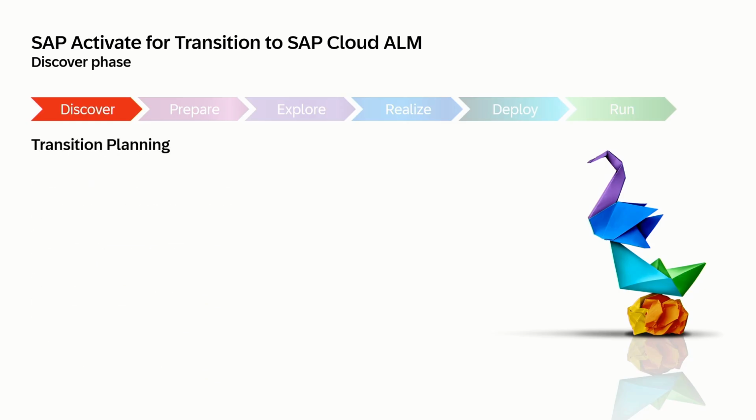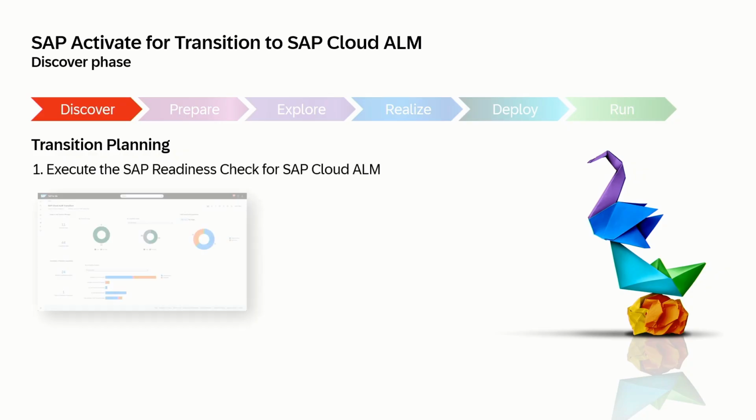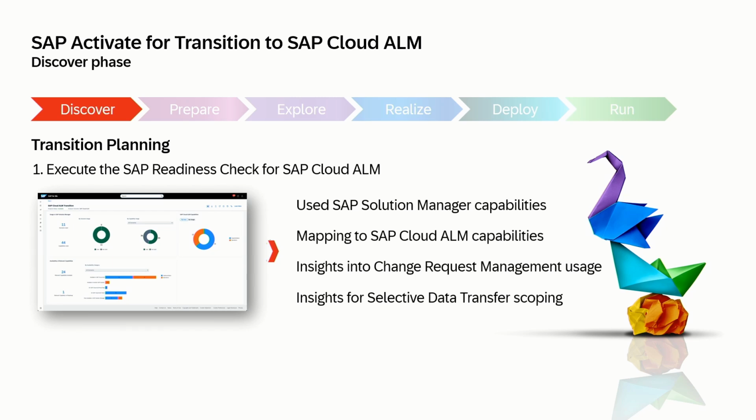If you then move on in the discover phase, it starts with transition planning. And here the first step is the readiness check. The readiness check was mentioned a couple of times during the ALM summit. Also in the customer presentation of Carvo, the readiness check was mentioned. Basically the readiness check analyzes the SAP Solution Manager system and highlights which capabilities are currently in use.